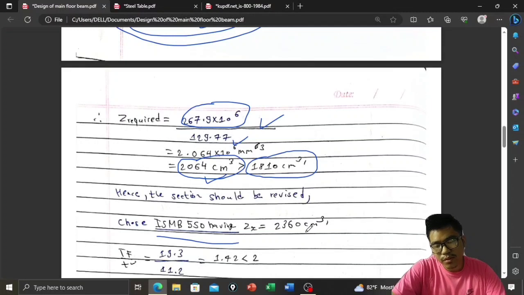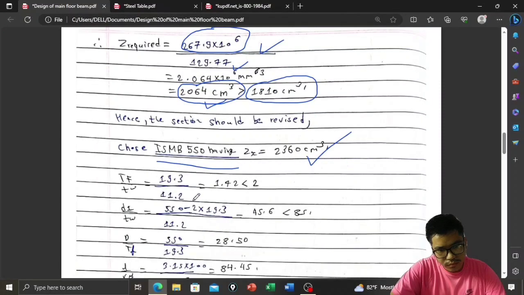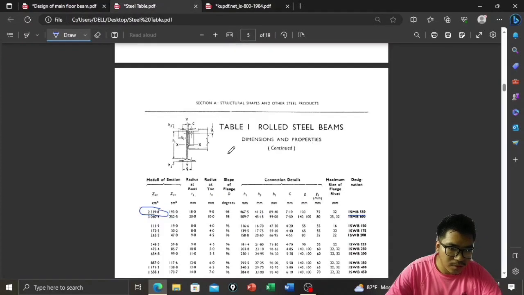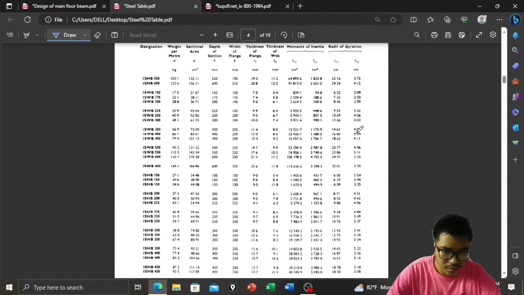In some tables it is 2360, which is greater than the previous Z. So as previously, we calculate T of, TW, D1, and we see this D1, TW, T of from this IS code steel table, ISMB 550.